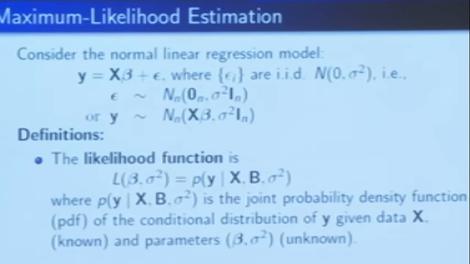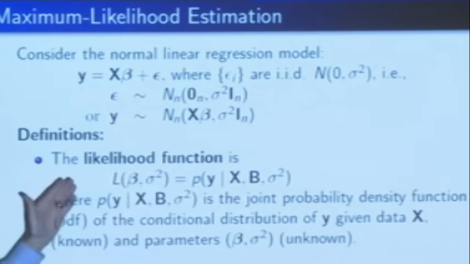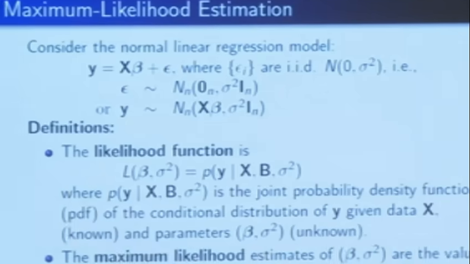In fitting models and statistics, maximum likelihood estimation comes up again and again. And with normal linear regression models, it turns out that ordinary least squares estimates, in fact, are maximum likelihood estimates. What we want to do in maximum likelihood is to maximize, or we want to define, the likelihood density function.